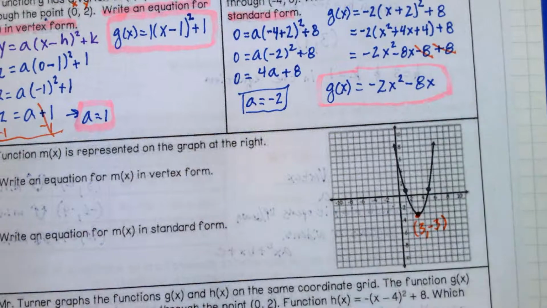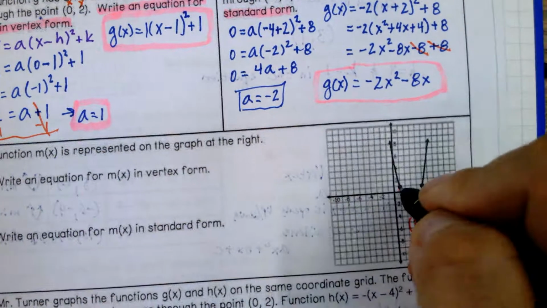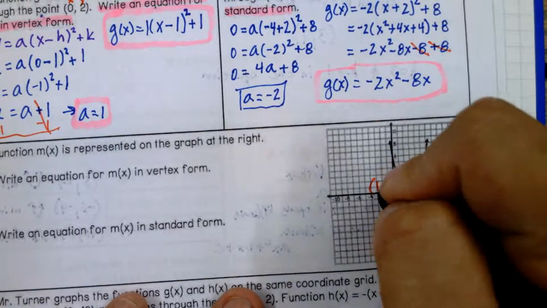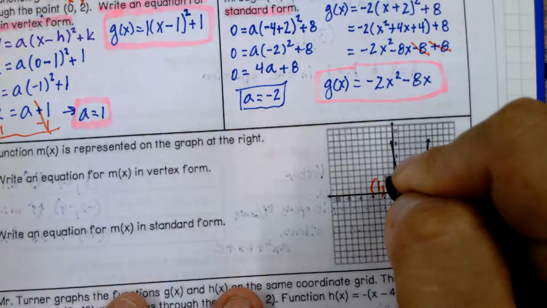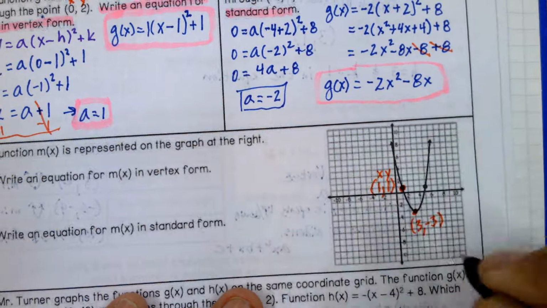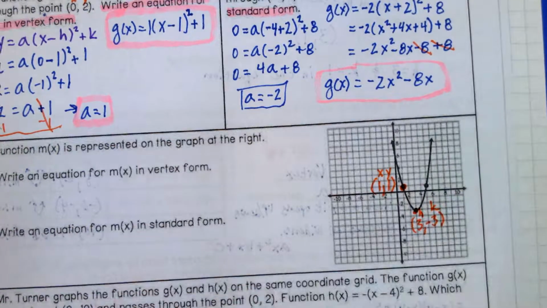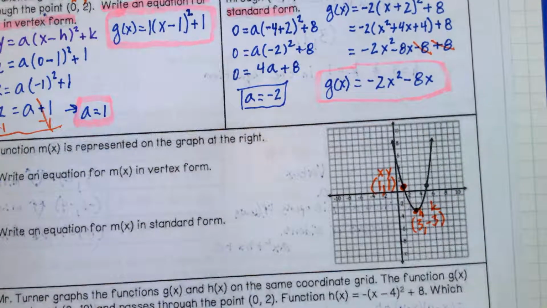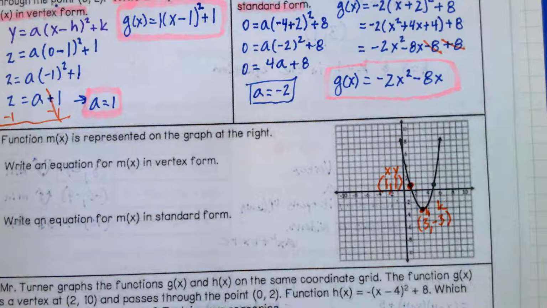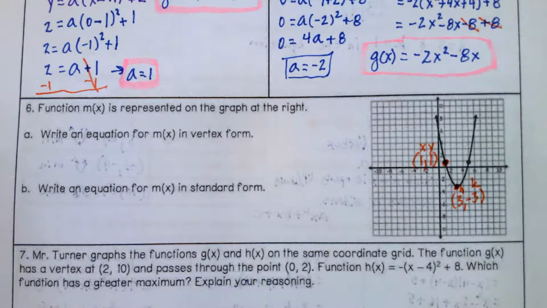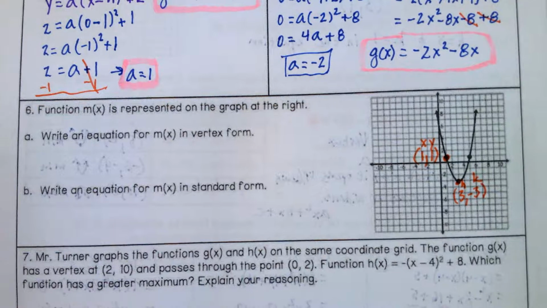Then we pick any other point we want. I like smaller numbers. I'm going to pick this point, 1, 1. So this is x and y, and this is h and k. Okay? So what we have to do is figure out the a value.